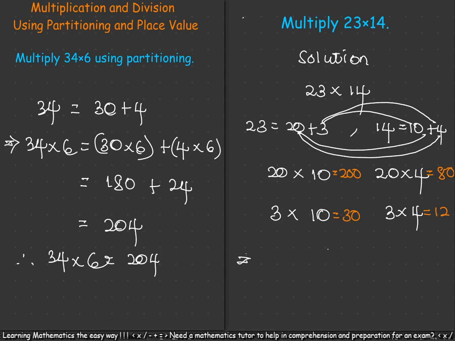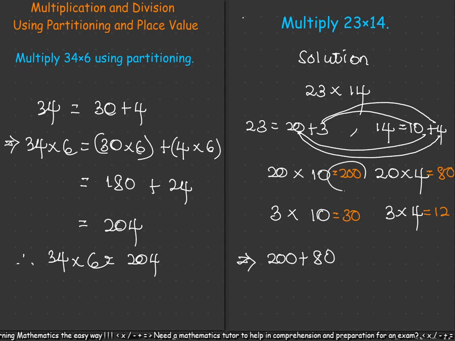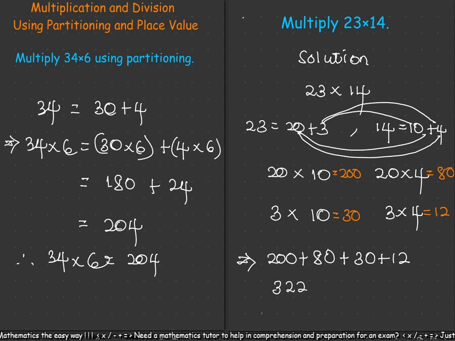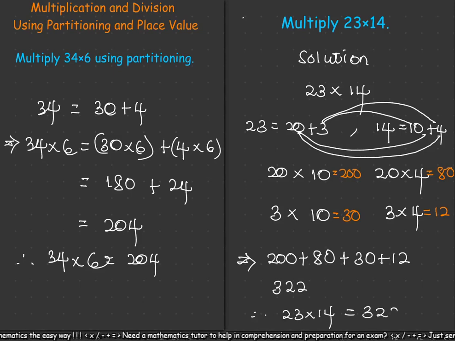So we have 200 plus 80, then plus 30, and then plus 12. Adding all up gives you 322. So therefore, 23 times 14 is 322. This is using the partition method.